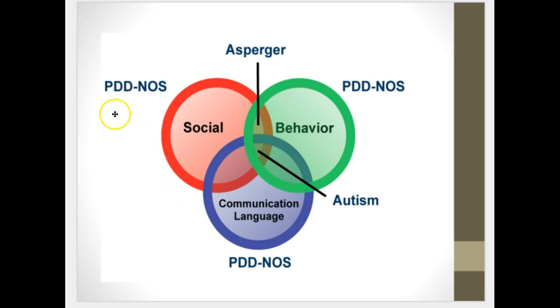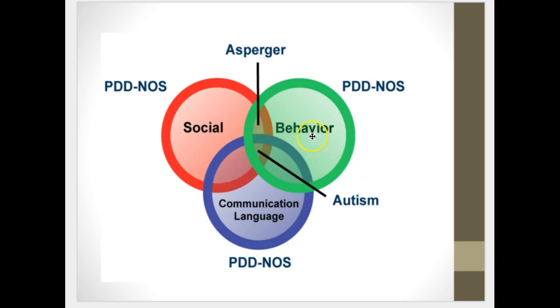I would see a lot of PDD-NOS as the diagnosis in a medical evaluation for a child that was fairly young, and that perhaps a doctor didn't really want to call it autism yet. So he said, maybe down the road it's going to turn into a diagnosis of autism, but for now we're just going to call it a pervasive developmental disorder. So that usually is what would happen in this area.